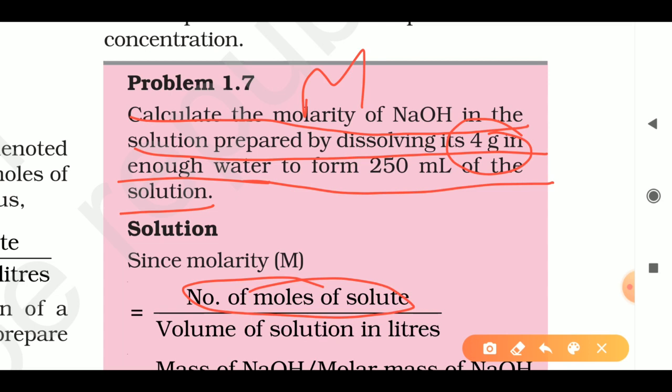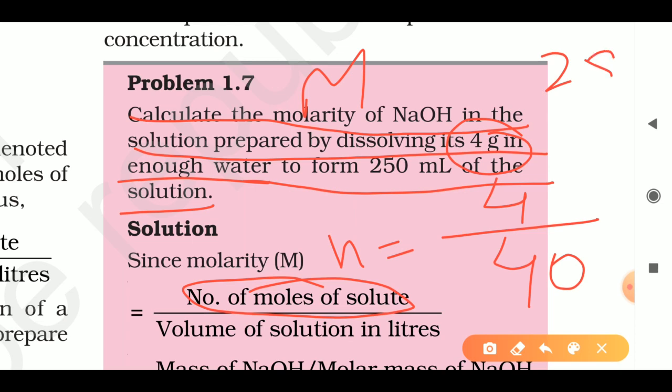Mole equal to weight upon molecular mass. Weight is given as 4, molecular mass of NaOH is 40: Na 23, oxygen 16 and H 1, so that is 40. So 4 upon 40, that is the mole of solute.